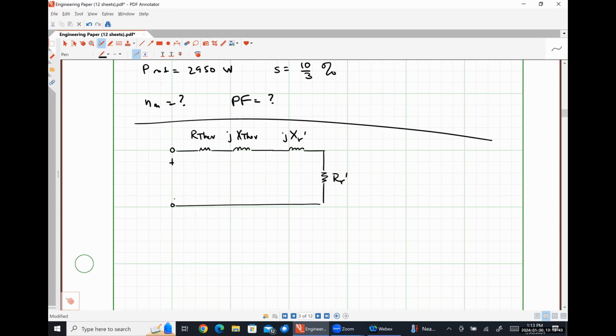We have some terminal voltage V1 applied here, and we should have some current I1 flowing through this equivalent circuit.